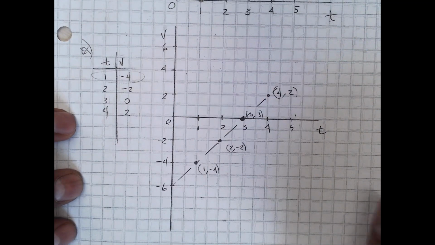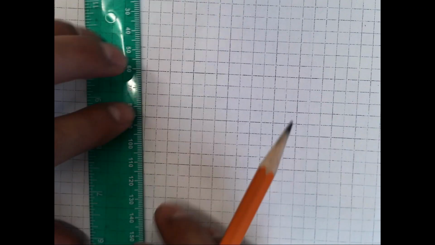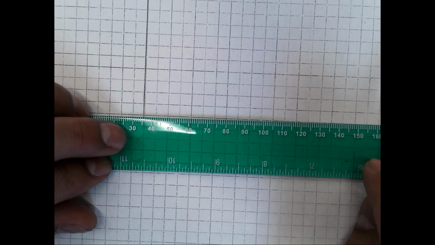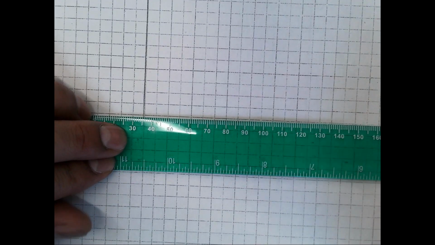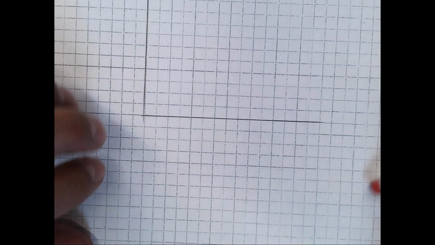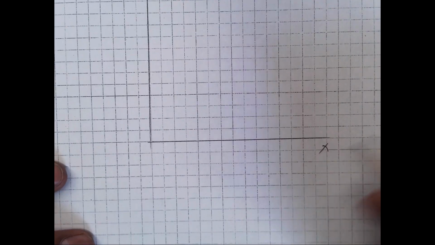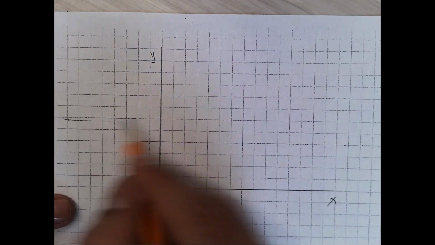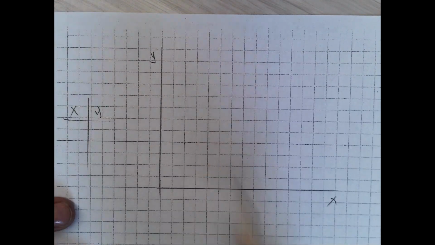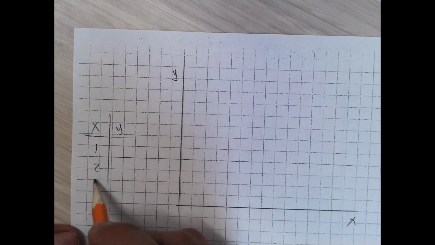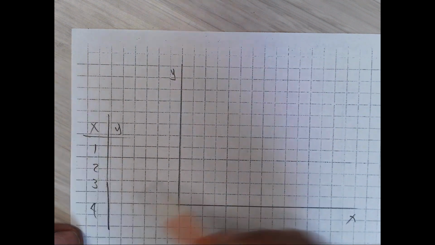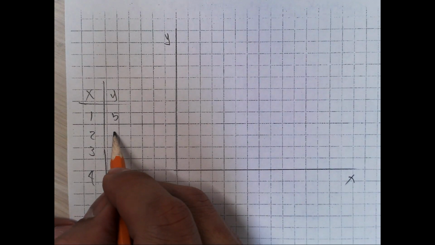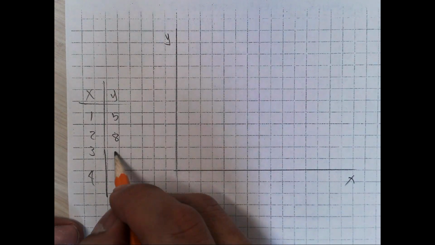If you were to label this axis this way, for instance, this is what not to do, or at least I don't particularly like it. Let's just say this is the X and Y axis now. Some people will have a data table where it's 1, 2, 3, 4, and then 5, and then 8, and then 11, and then 14.